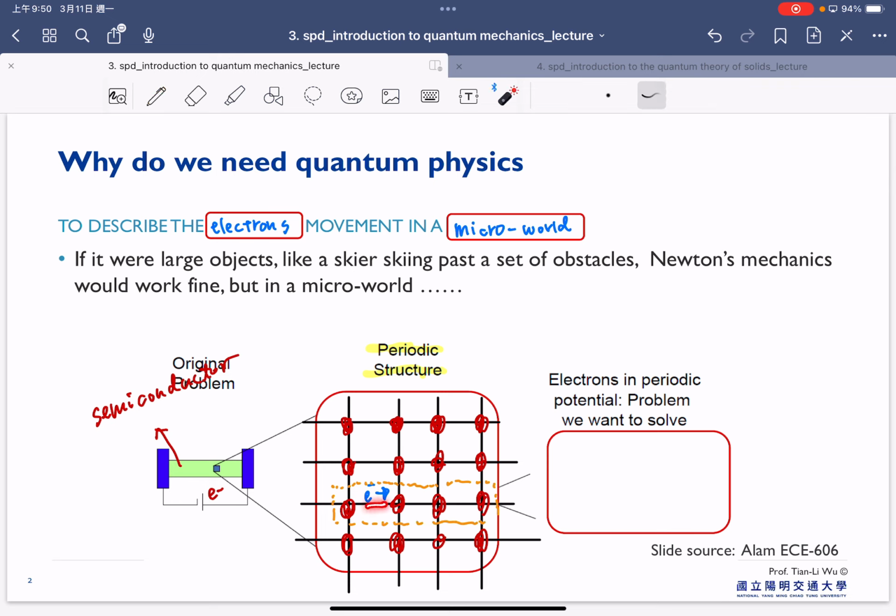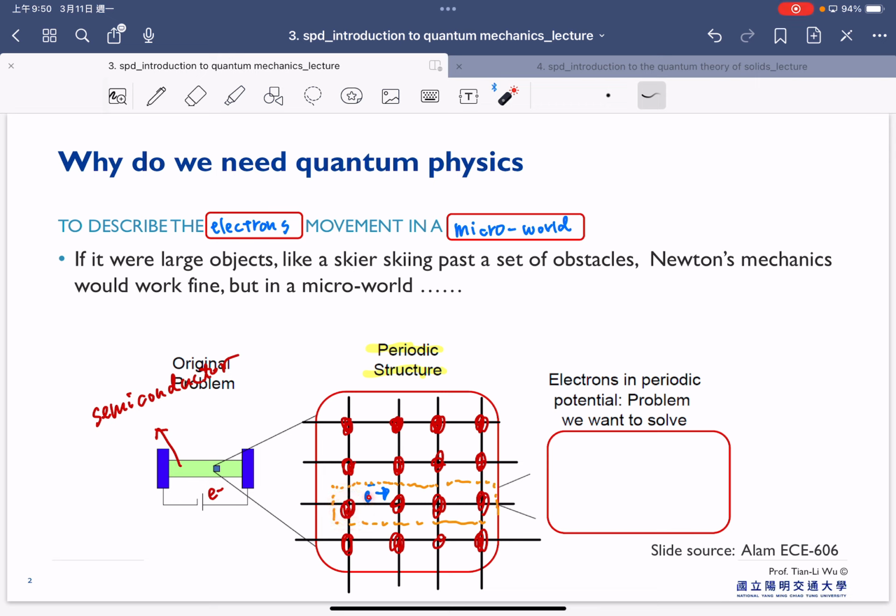The electrons move to the right-hand side. The original problem in the large scale, you will see in this way. But if you look at the small scale, what we are dealing with is electrons moving from the right to the left, but each time interacting with the atoms in the lattice.